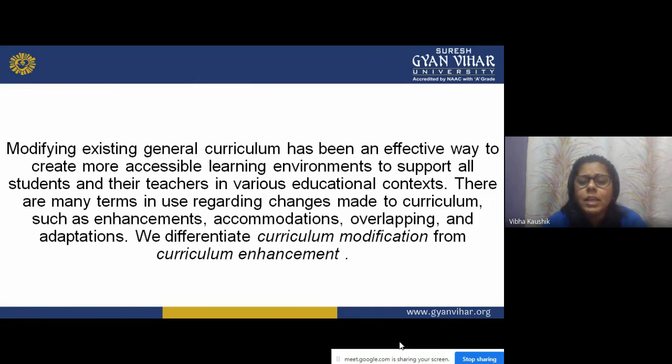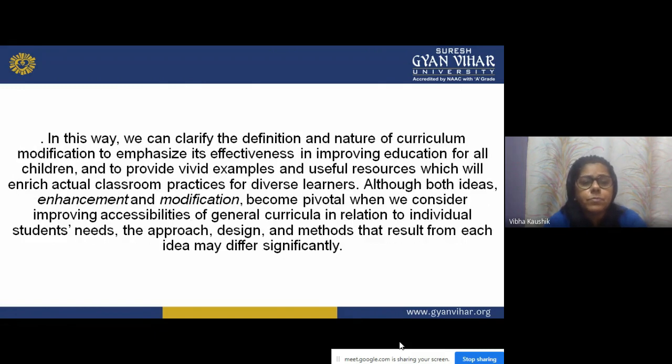Now, we can easily differentiate between the terms curriculum modification and curriculum enhancement.